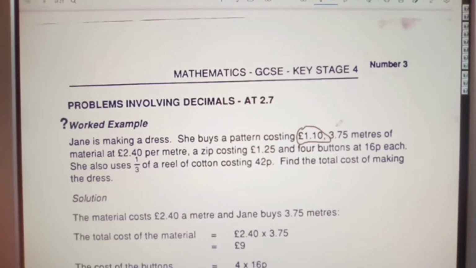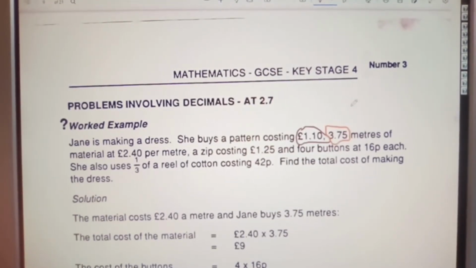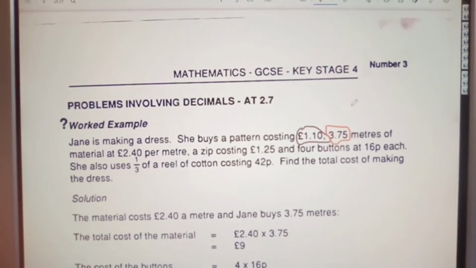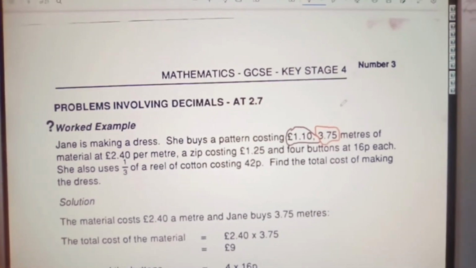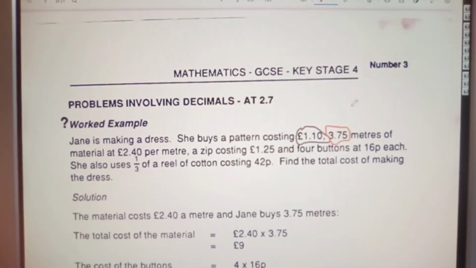And we've been given meters of 3.75. So we're extracting the information from the data and the text that's been given, and that is important.